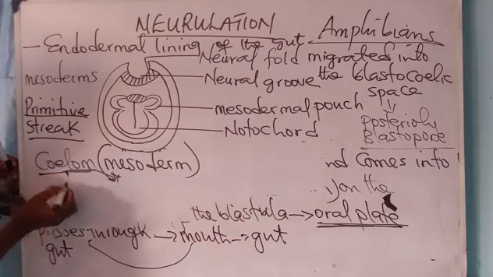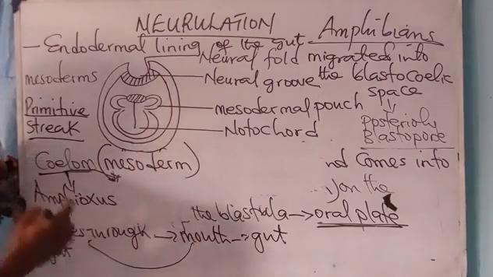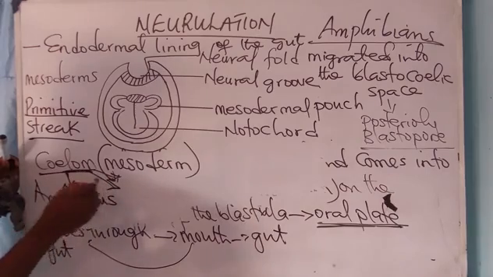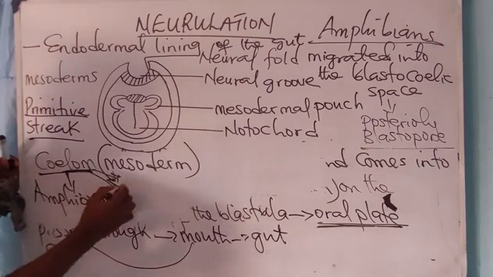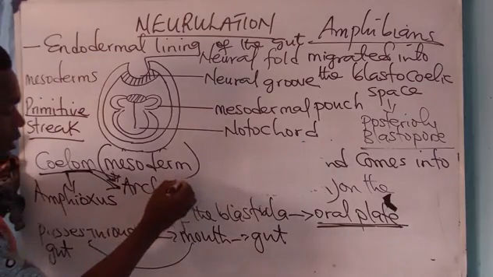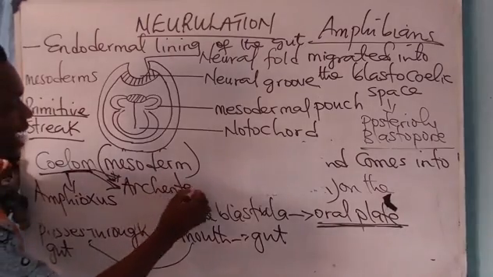How is this coelom produced? Please, in Amphioxus or Branchiostoma, the coelom is produced from the archenteron.